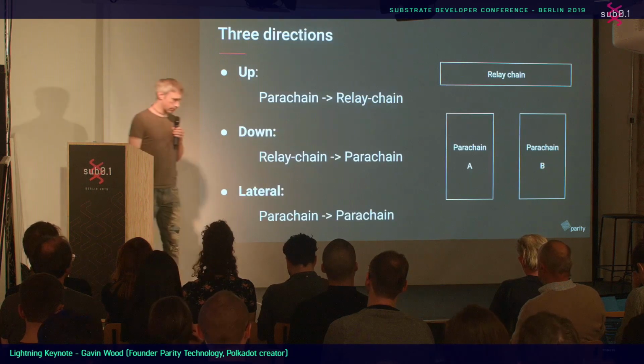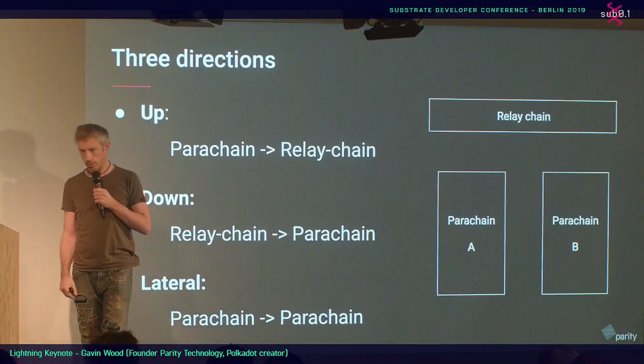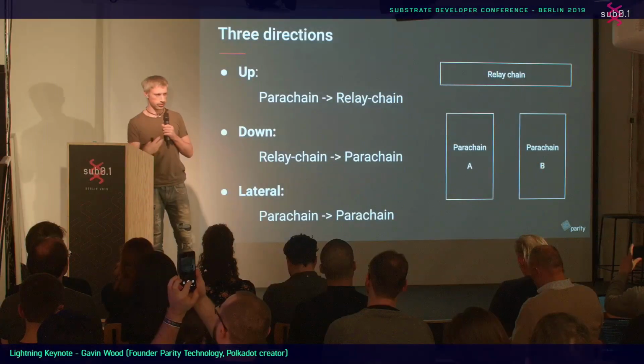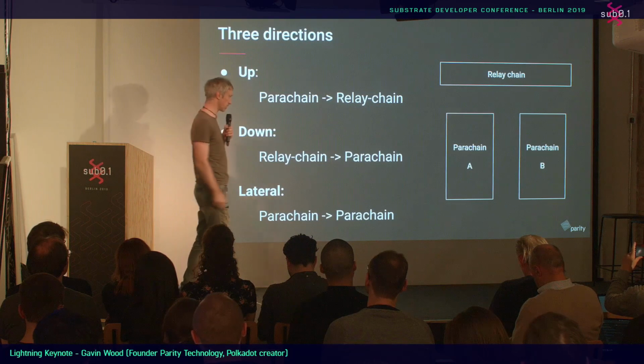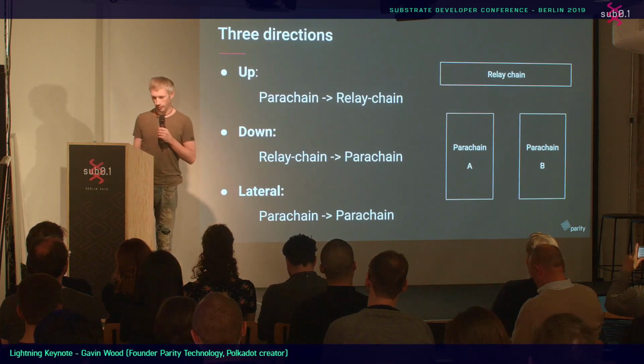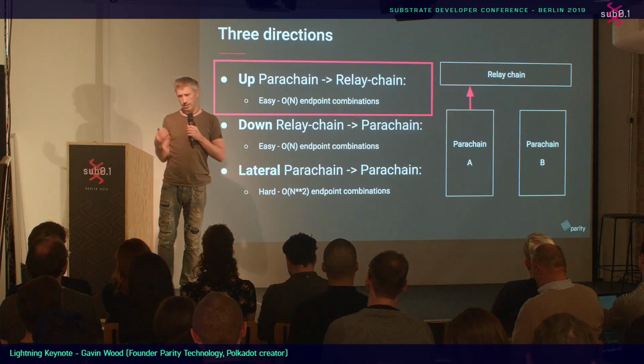There are three directions that messages can go within the Polkadot model. Therefore, for any parachain built with Substrate, there are three APIs that you need to know: up, down, and the more interesting one, sideways. Up is relatively easy.